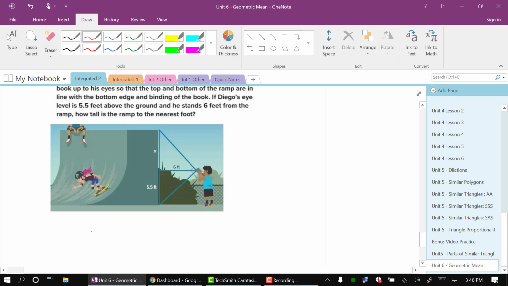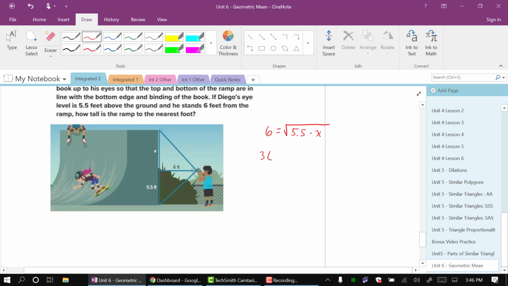so we're going to solve for this part. So when we plug in for our geometric mean, this is going to give me 6 equals the square root of 5.5 times x, because we need to multiply these two numbers to get what our mean is right here. So I'm going to square both sides. That gets rid of my square roots.